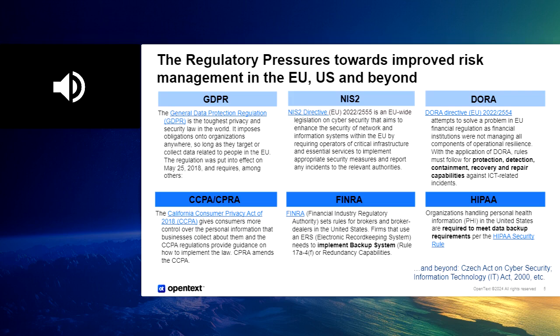NIS2 is a cybersecurity regulation, and DORA is a financial regulation. So that's just European-wide. When we look at the Americas, they have their own set of regulations as well, such as CCPA, FINRA, and HIPAA.